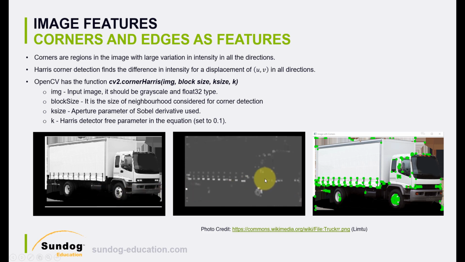What we do is take our image and the Harris corners detected, all the white pixels, shift them to green, and plot them on the image. The technique has been able to detect corners here, here, here, and so on, which is unfortunately a little bit noisy, but it has been able to detect the important corners within our truck and our object.